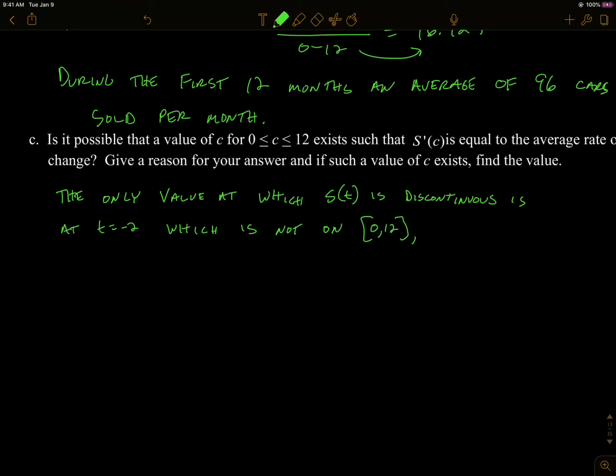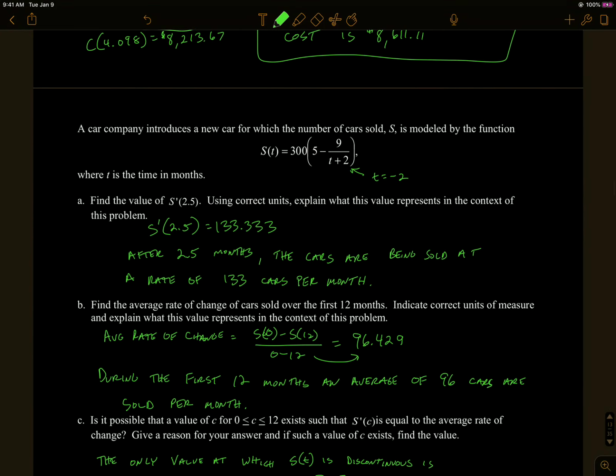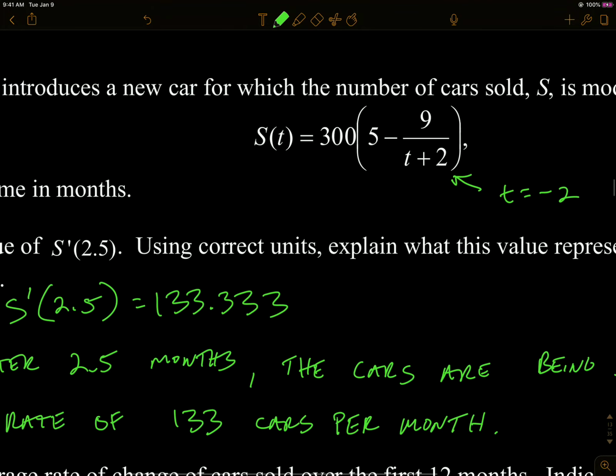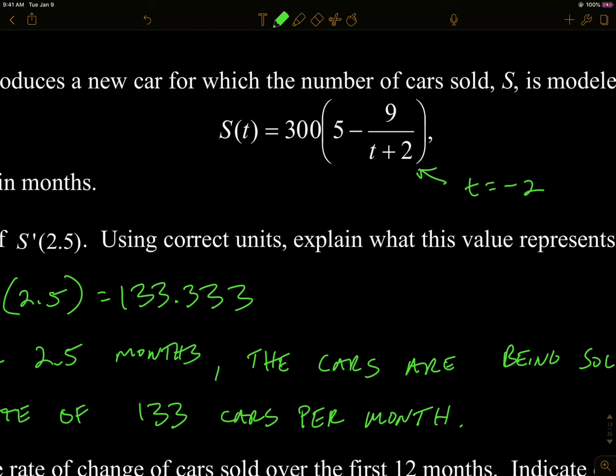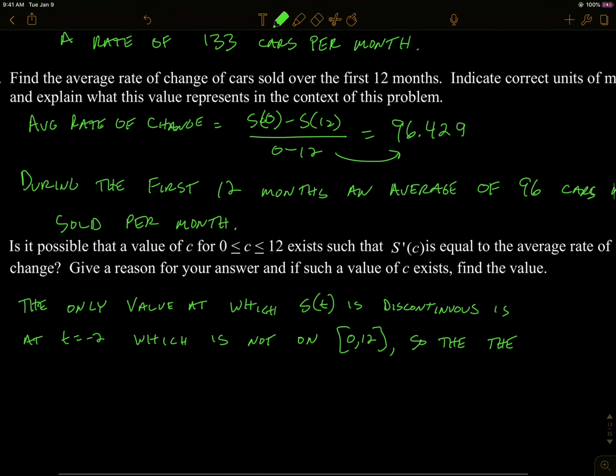We know that this function, by the way, is continuous and differentiable everywhere because it's a rational function except at -2.